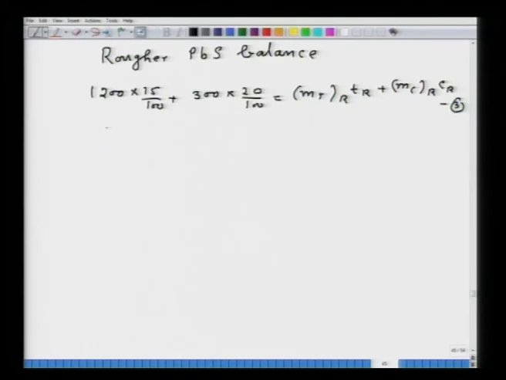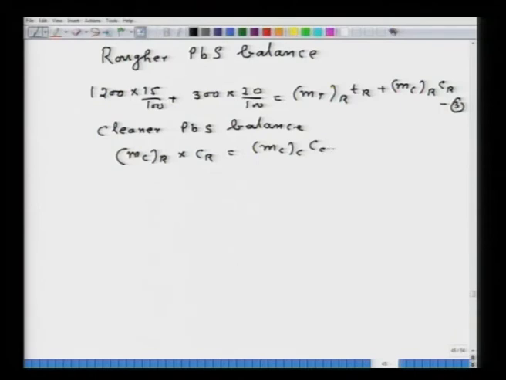Similarly, we can also do cleaner lead sulphide balance. So, that will be equal to MCR into grade, that is equal to MCC into concentrate grade plus 300 into 20 by 100.